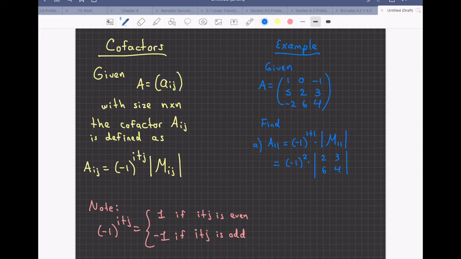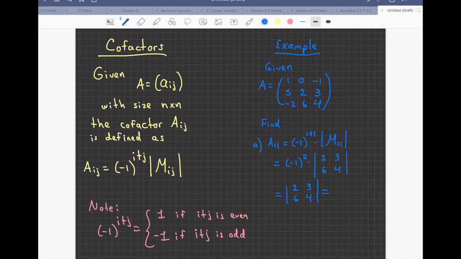Notice, -1 raised to the square, since 2 is even, is going to be only 1. 1 times this determinant is going to be only this determinant. So we have the determinant 2, 3, 6, and 4, which is a determinant with size 2 by 2.